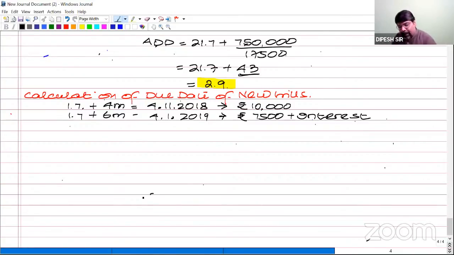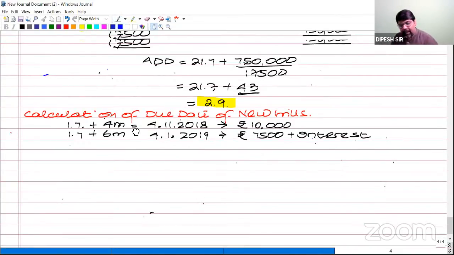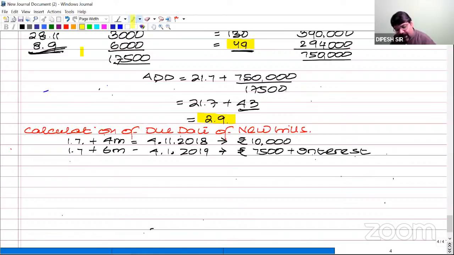He was supposed to pay total 17,500. Can you see 17,500? I'm marking it. He was supposed to make a payment of 17,500 on which date? 2nd of September. But out of that 10,000 he will make payment on 4th of November and remaining 7,500 on 4th of January.